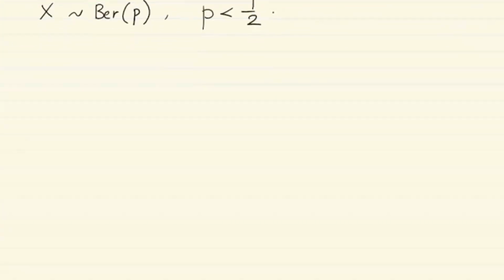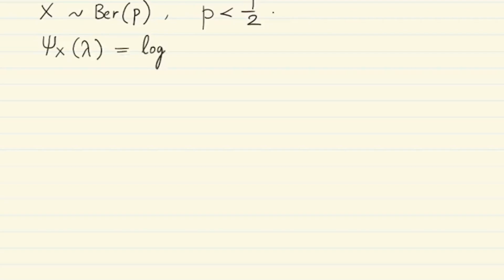You can do the calculations to see that Cx, the log moment generating function of x, is simply log of p e to the lambda plus 1 minus p.